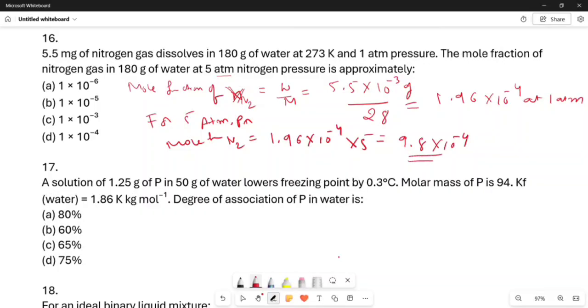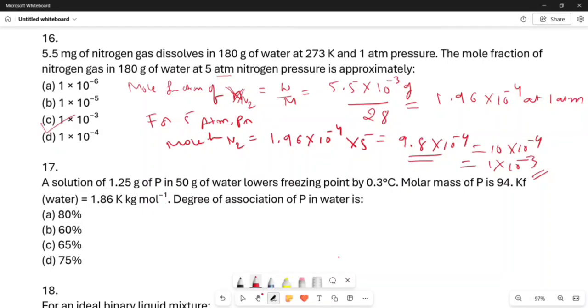Here you can observe, we will convert this 9.8 approximately into 10. 10 into 10 to the power of minus 4, I will convert it into 1 into 10 raised to minus 3, which is the correct option. So option C is correct.